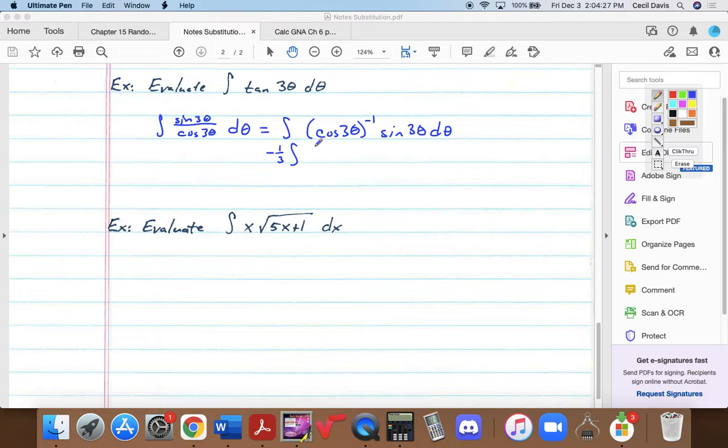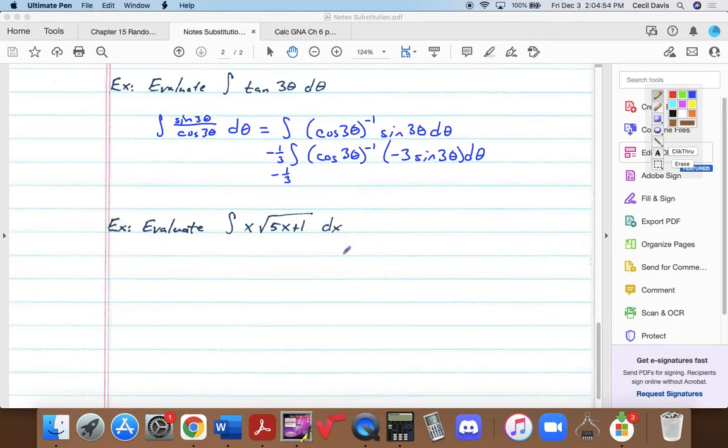The integral, and be sure that you keep the integral on here. Sometimes when we're doing work with the integrand, people get so excited about that they forget that they haven't actually taken the antiderivative yet. So I'm going to have negative 1/3.